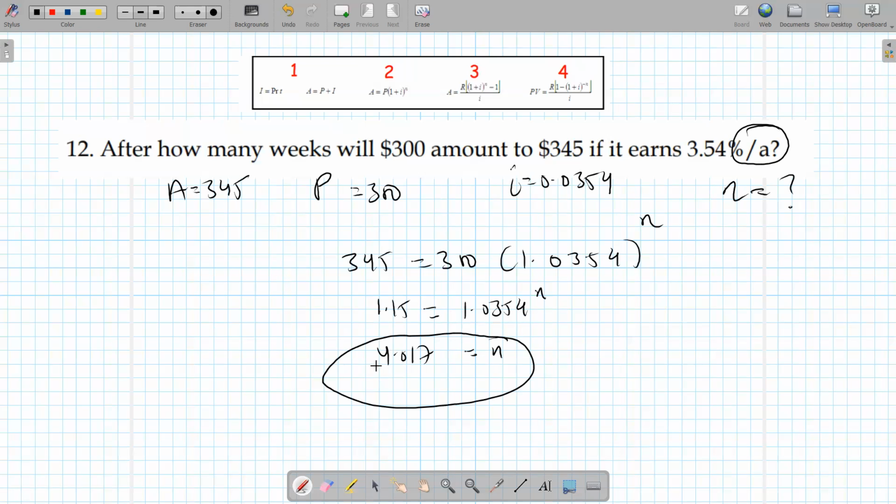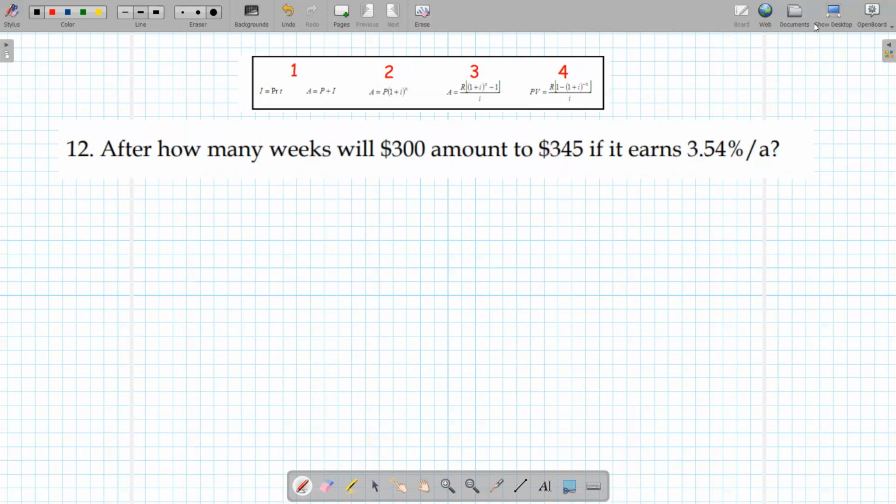How many weeks are there in 1 year? 52. Yeah, so just multiply that by 52, and you should get the final answer in terms of the number of weeks. Okay, 208.8. Well, this is assuming that this is compound interest. It doesn't say, so we're just gonna make things difficult. It is compound interest.